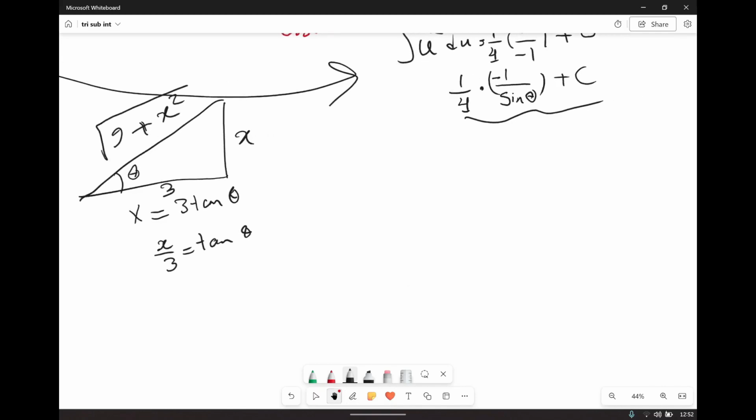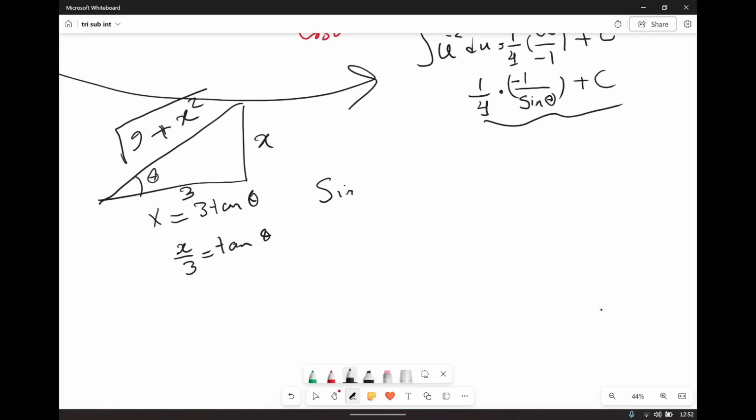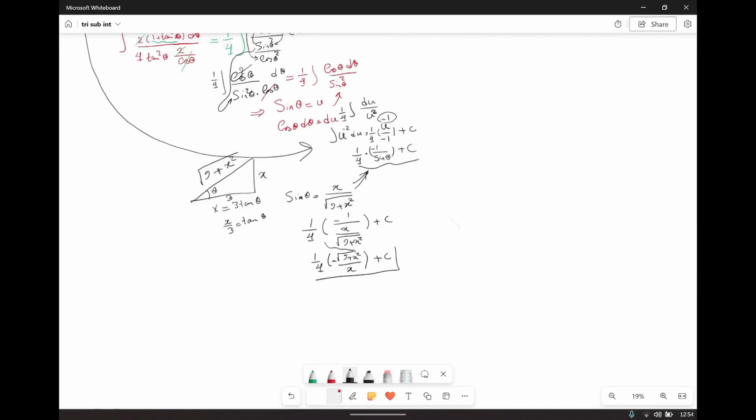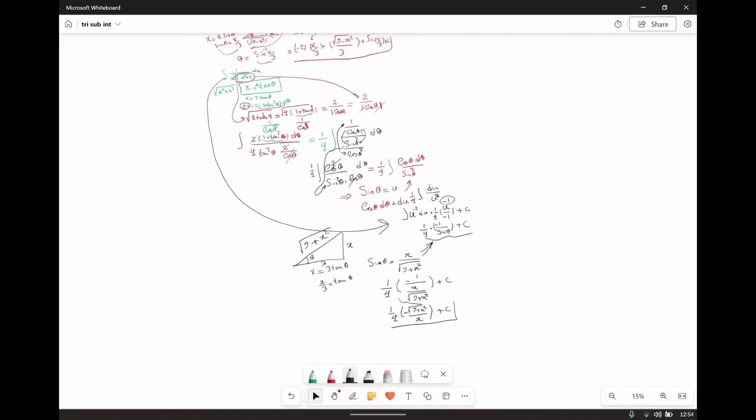What must we calculate? Sine theta. Okay, sine theta is x over radical 4 plus x squared. Am I right? At the end I substitute in here. This question is hard.